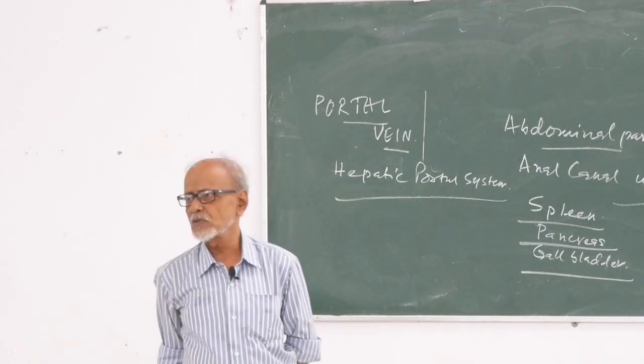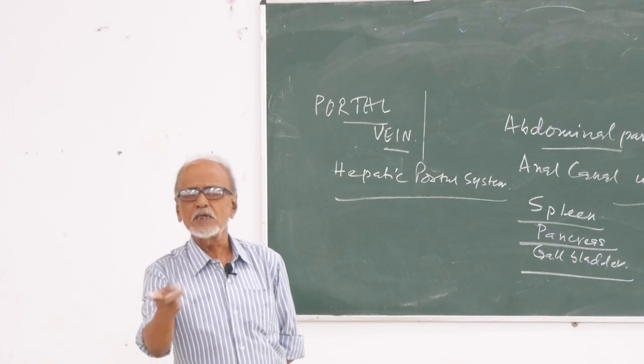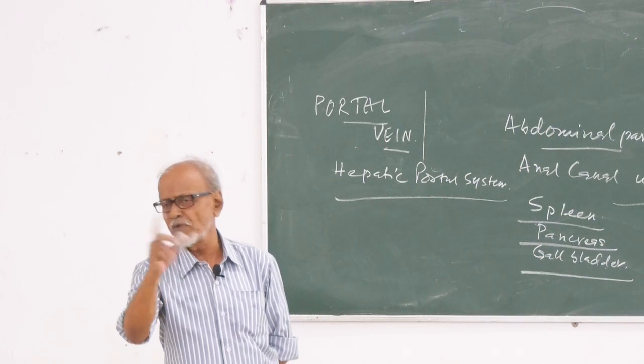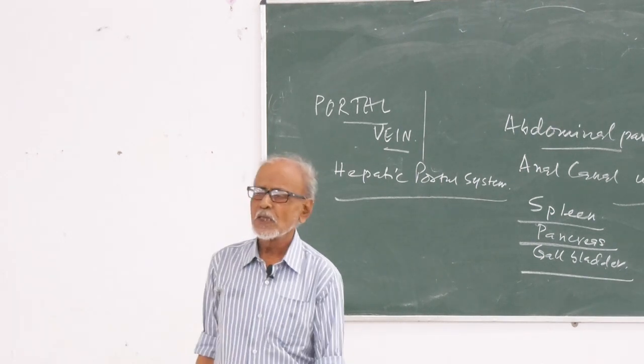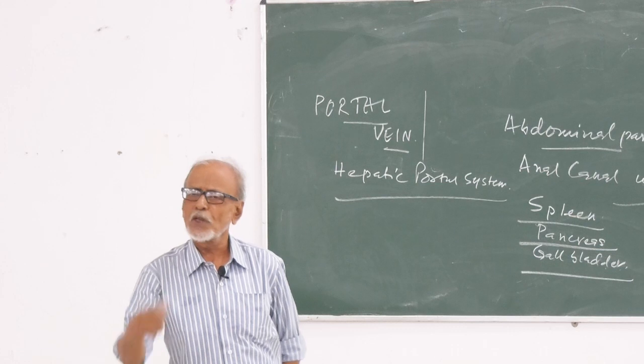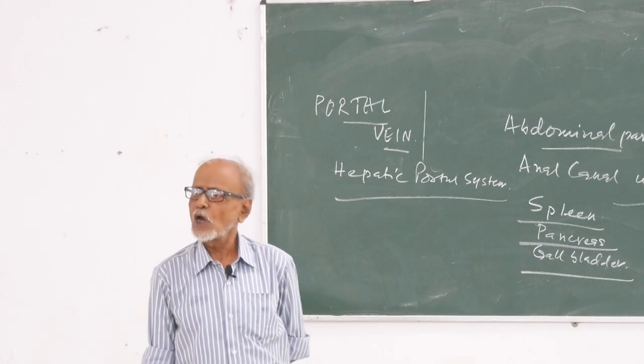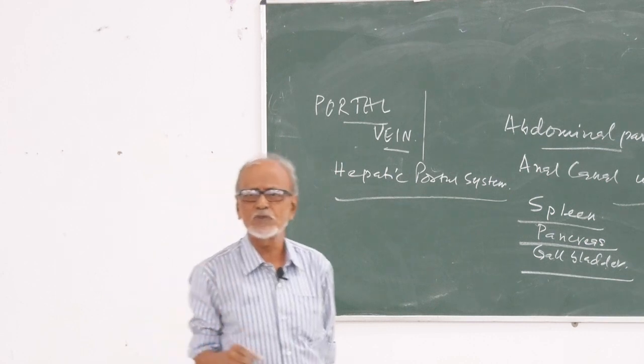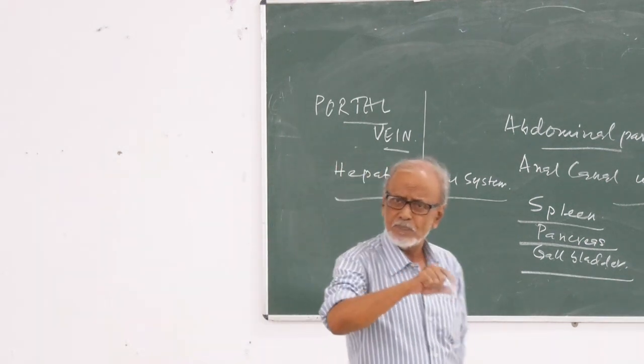প্যানক্রিয়াস অলসো ডেভেলপস ফ্রম পেয়ার্ড ডাইভার্টিকুলি অফ জিআই ট্র্যাক্ট। ডুওডিনাম থেকে দুটো ডাইভার্টিকুলাম, একটা ভেন্ট্রাল, একটা ডরসাল, তারা কোয়ালেস করবে, ফিউজ করবে, will give rise to the pancreas. তাহলে pancreatic secretion, exocrine secretion, the enzymes reach the duodenum.